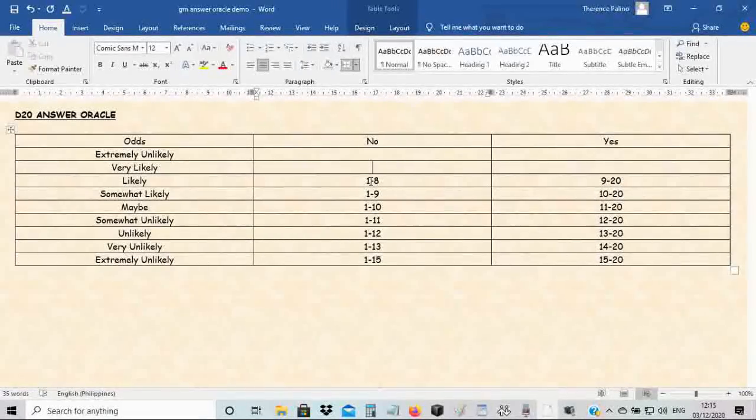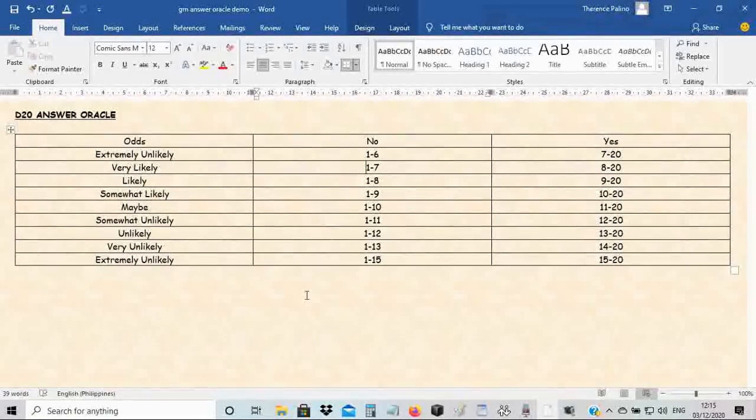Very likely will be 1 to 7, and yes will be 8 to 20. Next is extremely likely, which will be 1 to 6, and yes will be 7, oops, not 5, 7 to 20. So there you have it.